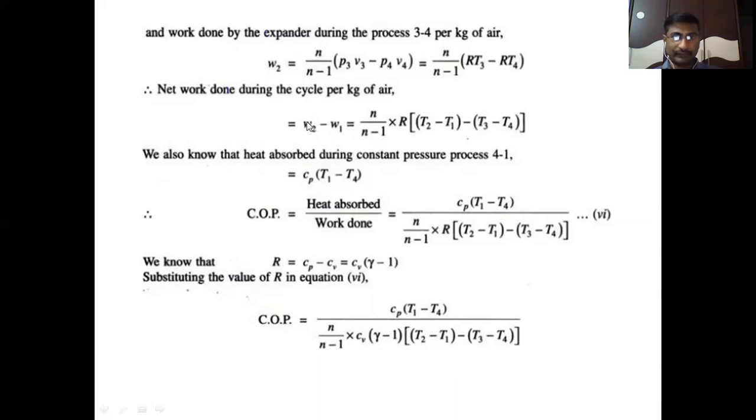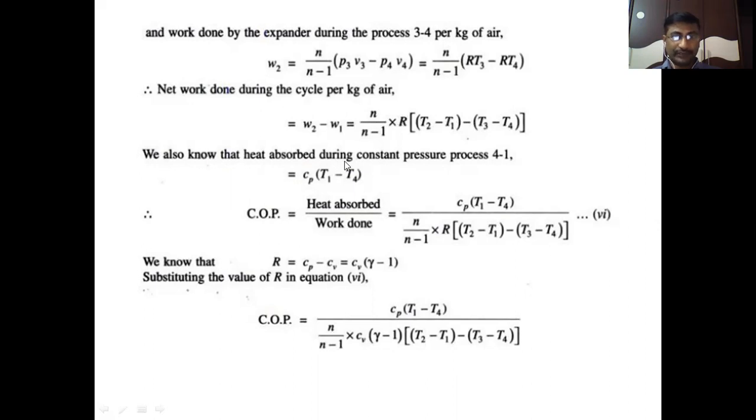This is W1 minus W2, not W2 minus W1, because the work consumed by the compressor is more than that of the turbine. Therefore, the net work given to the system is n by n minus 1 R, taking it common. T2 minus T1 is the change in temperature across the compressor, and T3 minus T4 is the change in temperature across the turbine or expander.